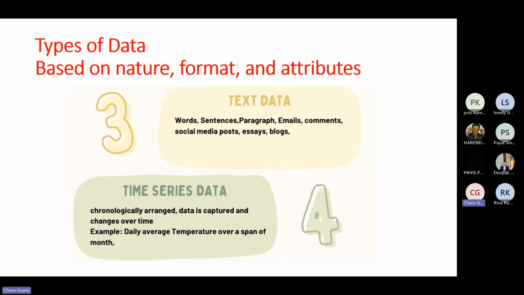Next is text data: different types of words, sentences, paragraphs, emails, comments, blogs, newspaper clips. These are textual data. Next is time series data, which can be arranged in chronological order.